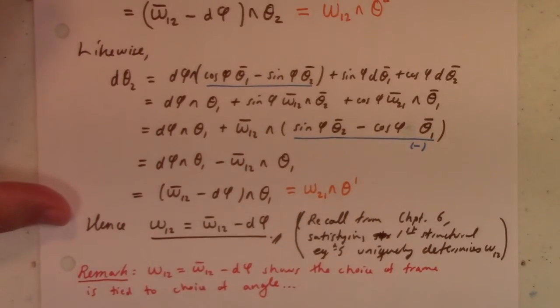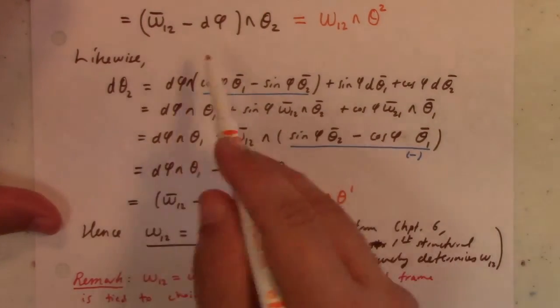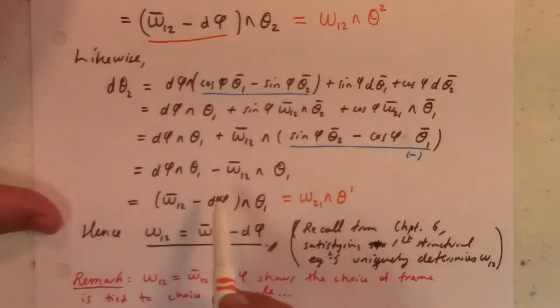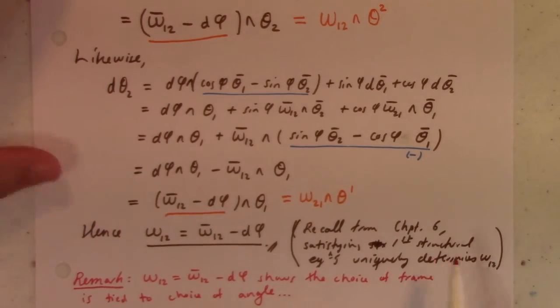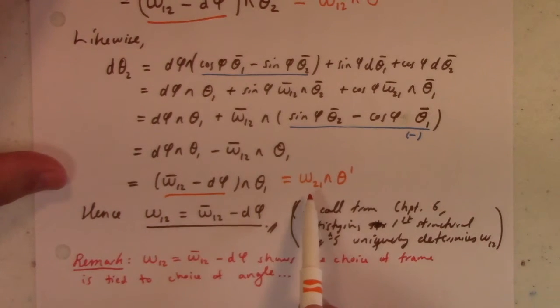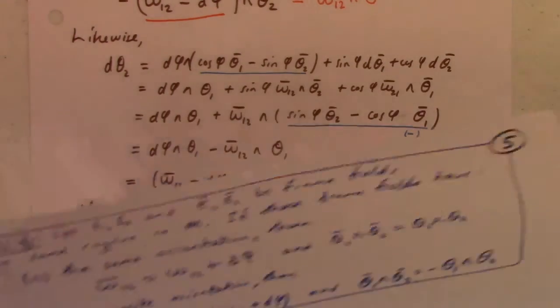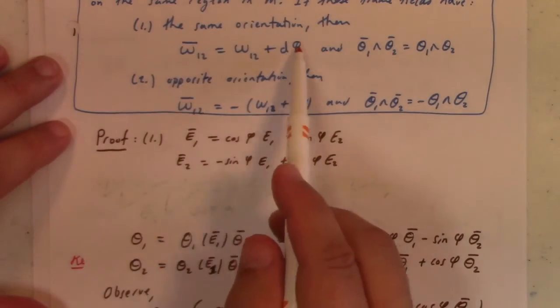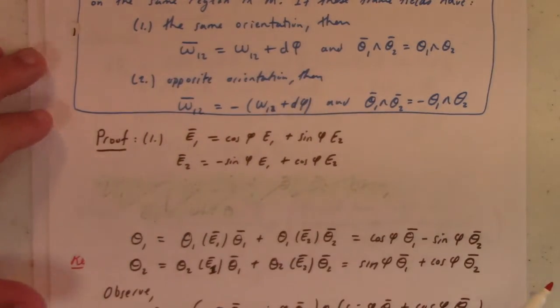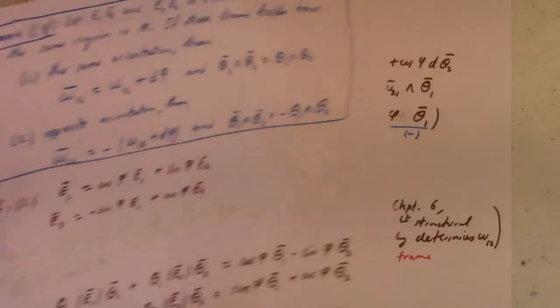And so when you have both of these orange equations being satisfied by a certain form, this one, right, then it follows that omega 1 2 is equal to omega bar 1 2 minus d phi, which is precisely what we wanted. You think I thought it was a plus. Well, but in the original, back in the lemma, we had solved for the barred connection. So, see, we solved for the bar. So if you subtract d phi to the other side, it's the same equation.